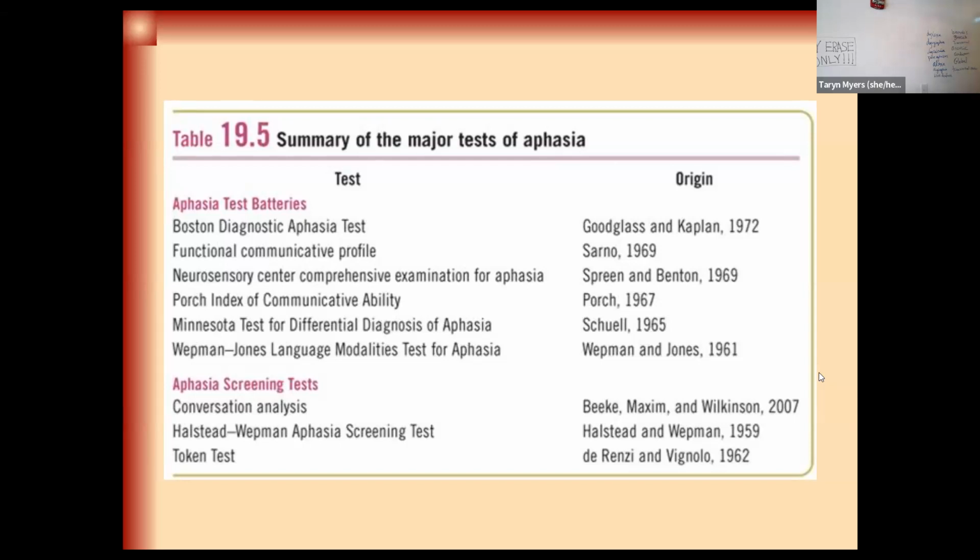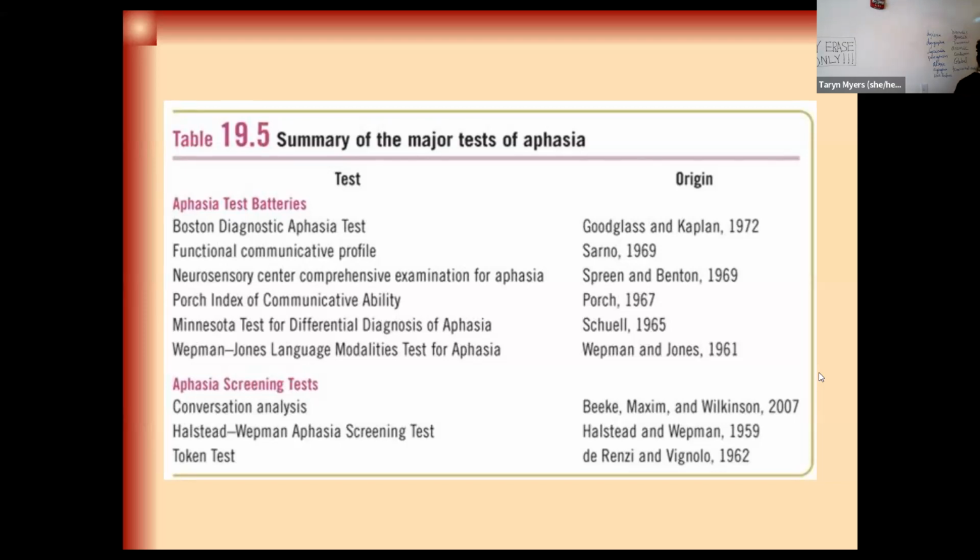Other ones, just made by other people and measuring slightly different things, include the Functional Communicative Profile, the Neurosensory Center Comprehensive Examination for Aphasia, the Porch Index of Communicative Ability, the Minnesota Test for Differential Diagnosis of Aphasia, and the Wepman-Jones Language Modality Test for Aphasia, shockingly created by people named Wepman and Jones.